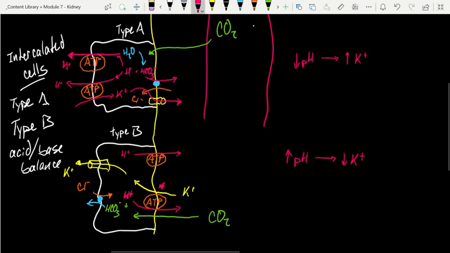But we also see a little bit of a twist. This wasn't true for the type A cell, but we see it for the type B cell, a scenario where decreased potassium, in other words, a state of hypokalemia, could actually induce a state of alkalosis. Because, going back to that same pump, if I don't have K+, if that has been reduced, then that ATP pump won't run.